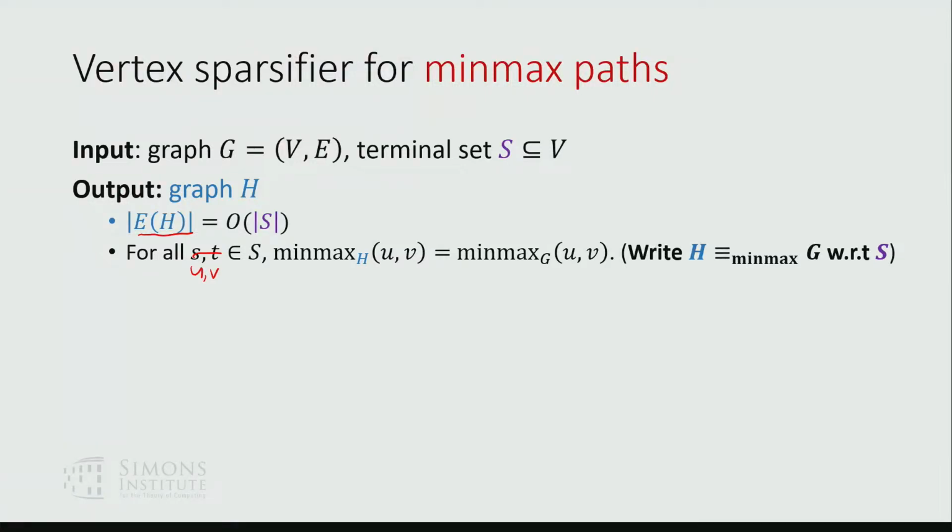Just for warming up, suppose your terminal set is just two nodes, U and V. How should we construct the graph H?